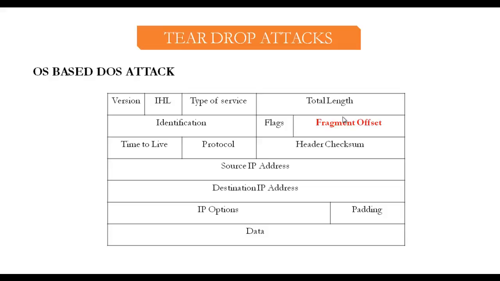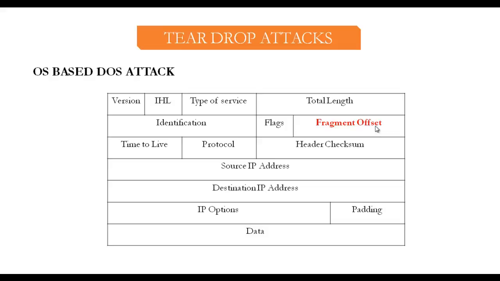Now how does this attack work? This attack exploits the reassembly of fragmented IP packets. When an IP packet is passed from one system to another, it is broken down into smaller fragments, and then at the receiving host they are reassembled.